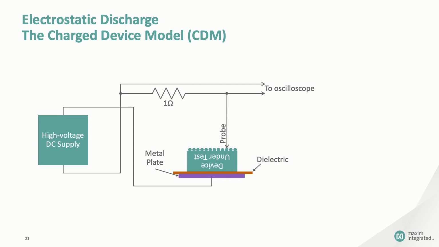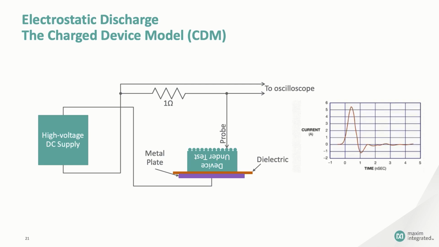In this arrangement, the IC is placed, pins up, on a dielectric sheet that covers a metal plate. The metal plate is charged up to the test voltage, and then the pin under test is touched by a grounded probe. Frequently, the probe is actually grounded through a 1 ohm resistor, and the signal from the probe is routed to a high-speed oscilloscope to gain insight into the current delivered to the node.